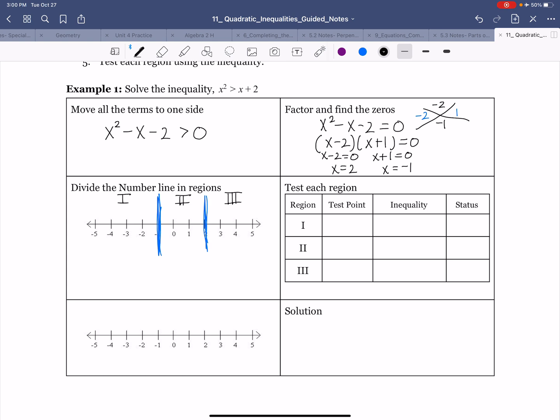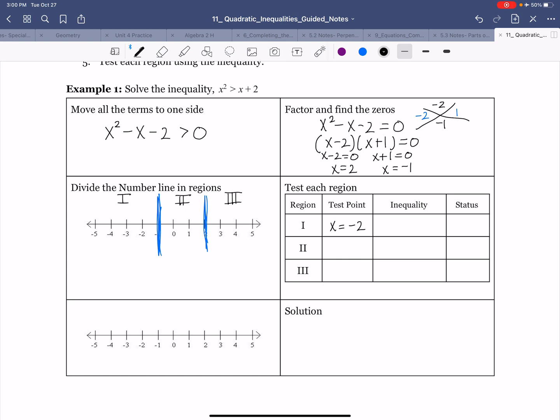All right, so then we're going to go ahead and test each region. In other words, when I say test each region, you're just going to pick a number that falls within those, and then we're going to see, is it true for that area or is it false? So for our first test, in region 1, let's just pick x equals negative 2. We're plugging it into the inequality.